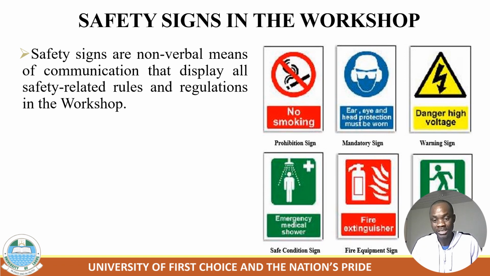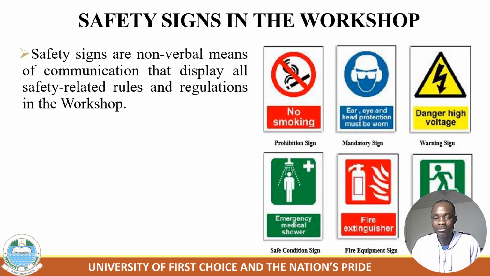If you visit an estate as well, you can see a warning sign there that tells you to keep off. Police dog is around. Keep off. High voltage is here. Keep off. Flammable liquid is here. That is a warning sign.